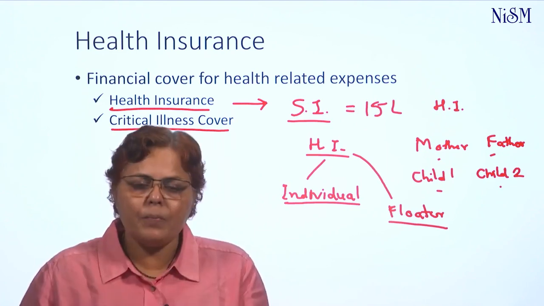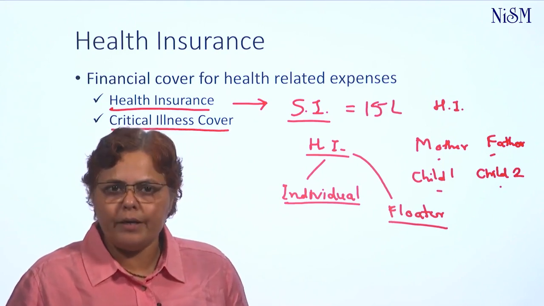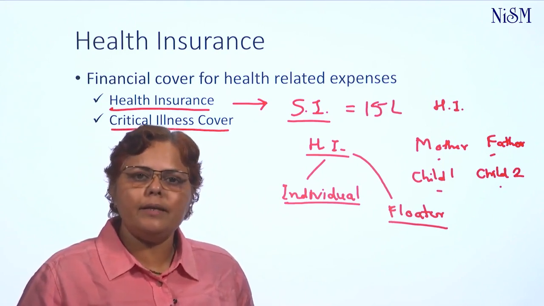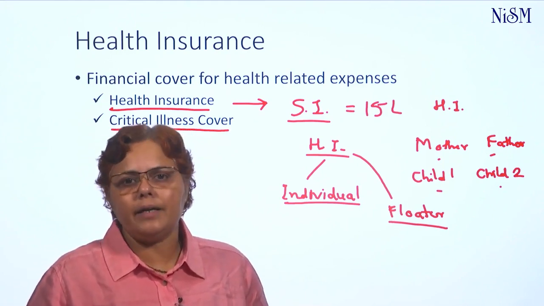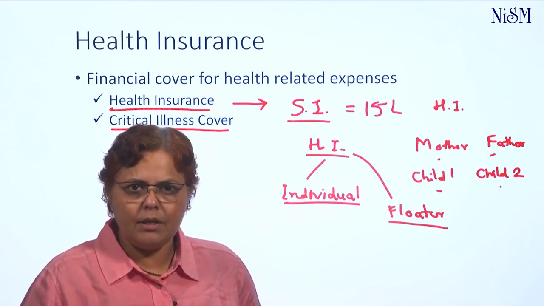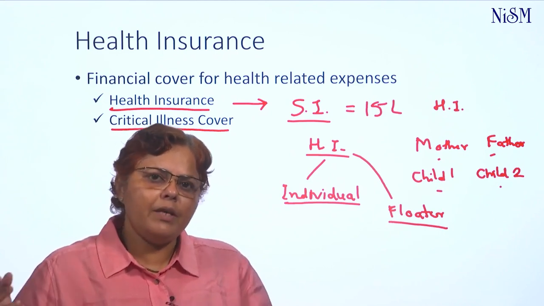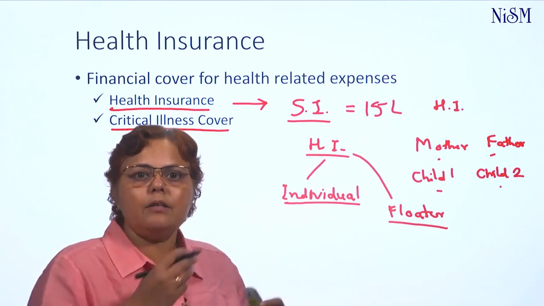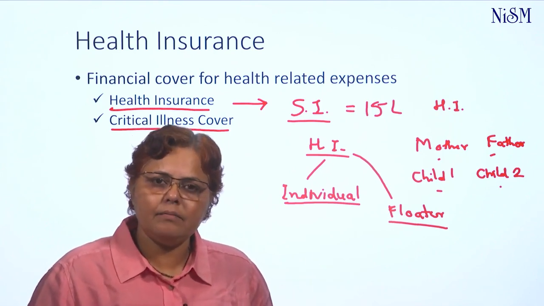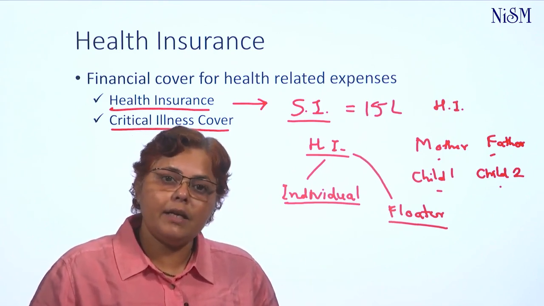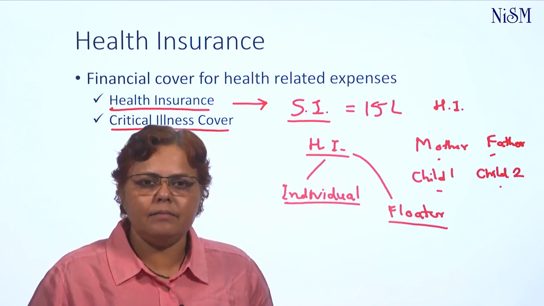Now, those whose parents are working for some corporate must know that their companies are also covering the entire family for health insurance. So, the normal question which is asked is, if I have company cover, do I have to take health cover separately, privately? If that is the case, the answer is yes.